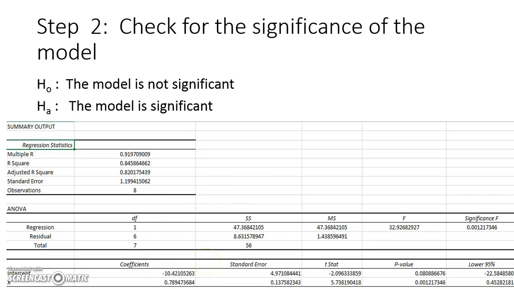This particular value is got from the overall change in y from its mean, so it is nothing but sigma (yi minus y bar) the whole square. This total sum of squares is divided into two: the regression sum of squares and the residual sum of squares.